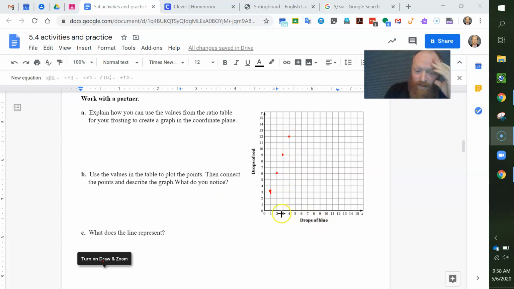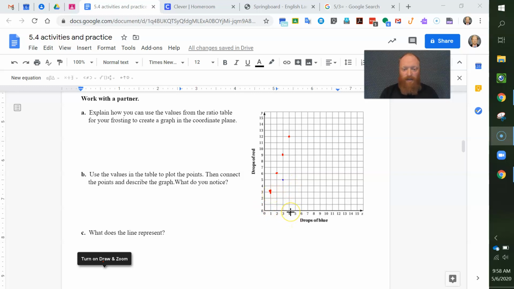And then we had 4 and 12. Okay? But for the teacher, we had 3 drops of blue. Let's change colors here to the teacher. For the teacher, we had 3 drops of blue and 5 drops of red. And then we had 2 times 3 drops blue, 5 drops of red.